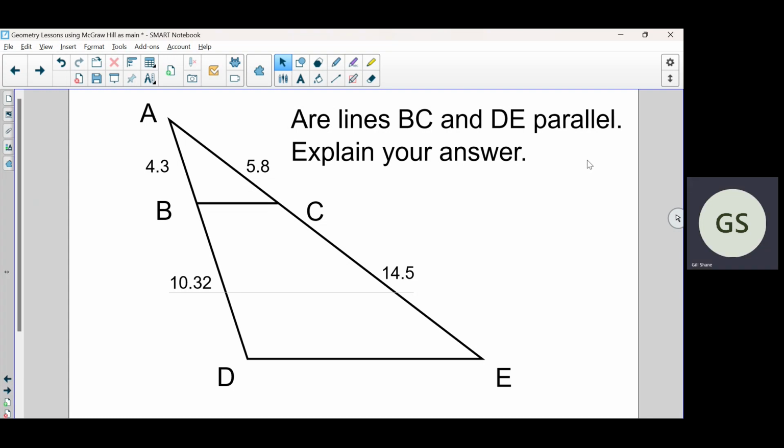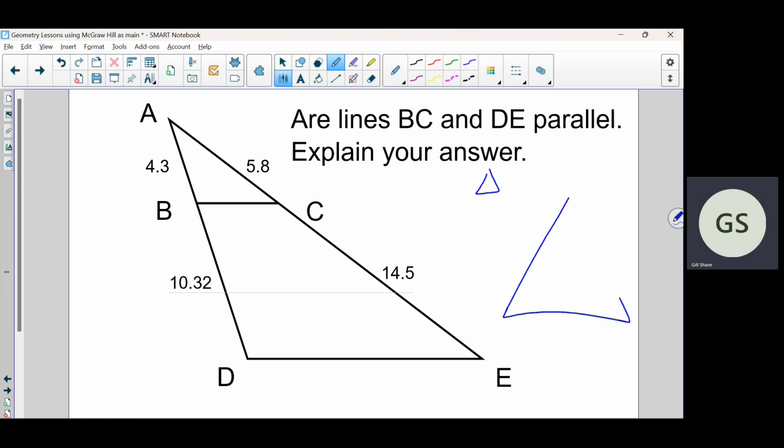Before break, we talked about similar triangles. We said, hey, if we have two similar triangles, could be in a weird looking figure like that, could just be two totally different triangles. What is true about those similar triangles? A few things. What are in proportion? The sides.